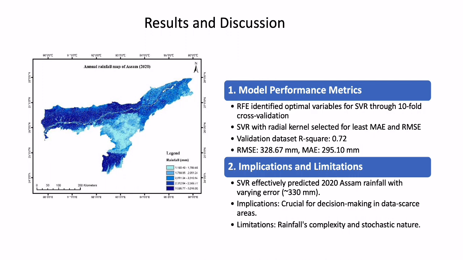Implications and limitations are as follows. SVR effectively predicted the 2020 Assam rainfall with an error of around 300 mm. That is very small compared to the actual data, as the output was in the range from 2000 mm to 3000 mm. The implication we can make is that it is crucial for decision making in data scarce areas. Limitations were like the data set we used, for instance, the rainfall's complexity and stochastic nature.